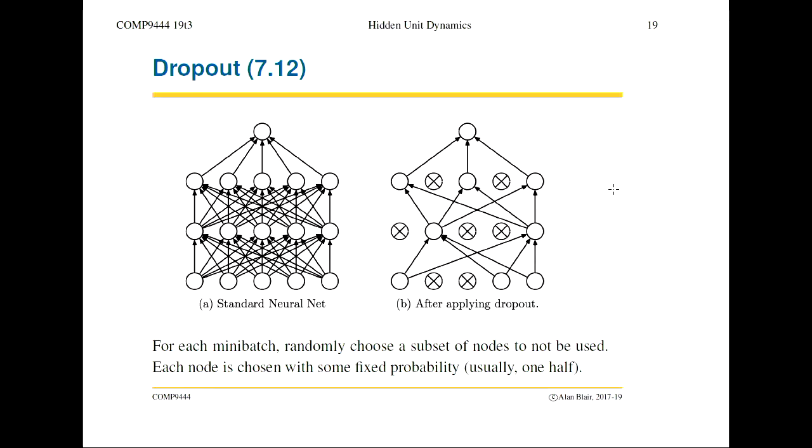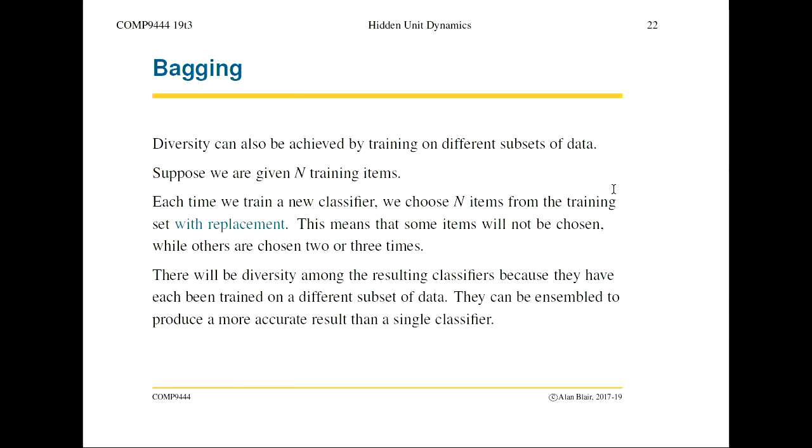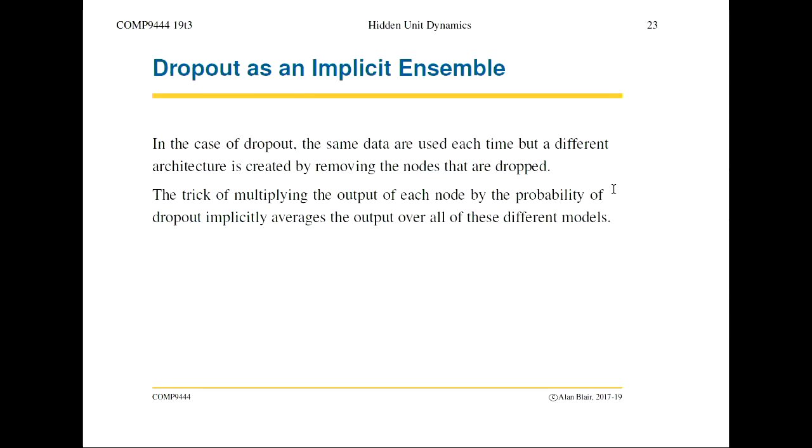And then at the end, we're doing this averaging trick, and you can kind of prove that implicitly that's doing the same kind of thing as if you're averaging over all those different models. So this is a very neat trick because it provides the benefit of ensembling, but in a very efficient way. Any questions about that? Good. Okay, we'll take a 10-minute break, and then we'll talk about convolutional networks.